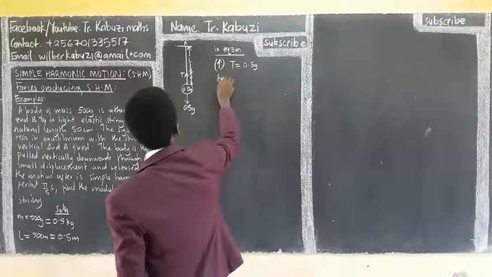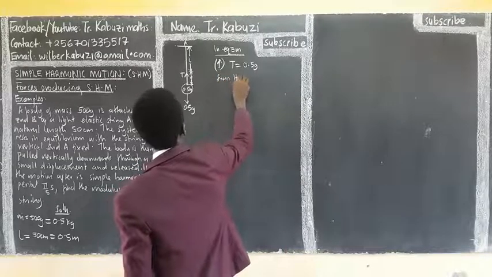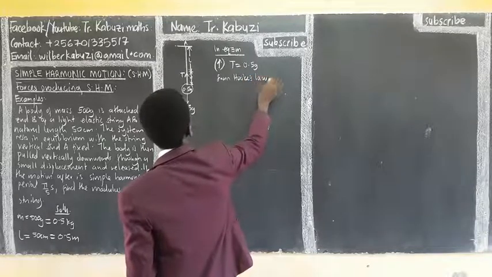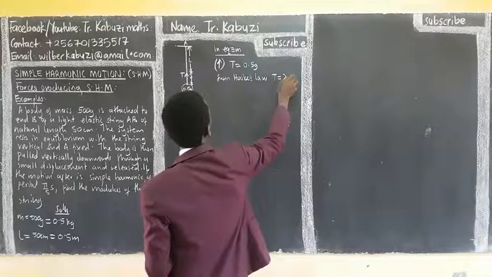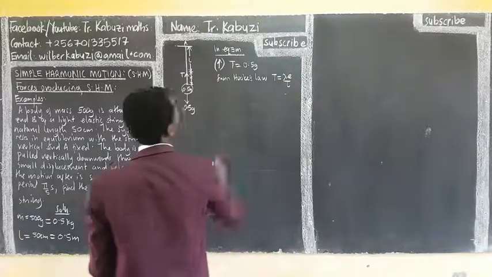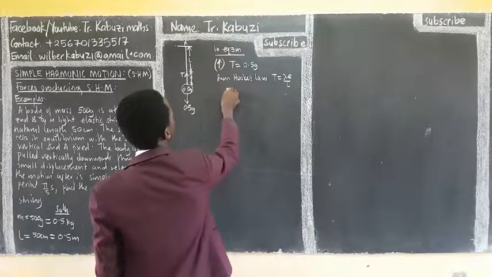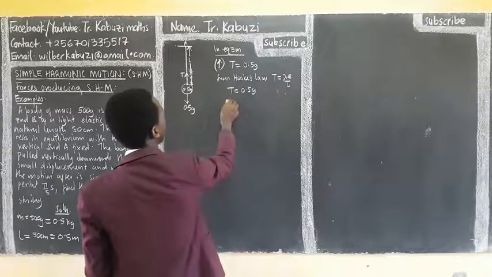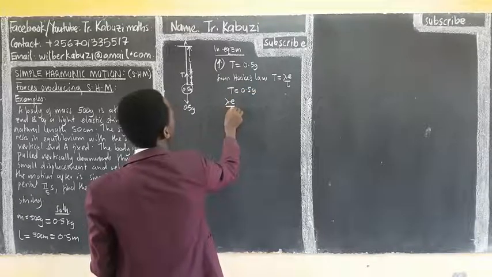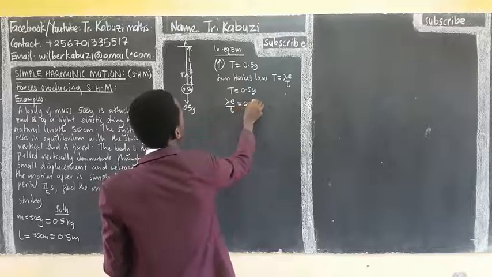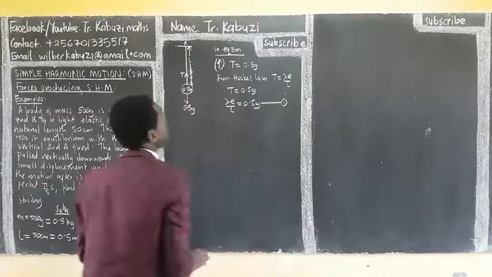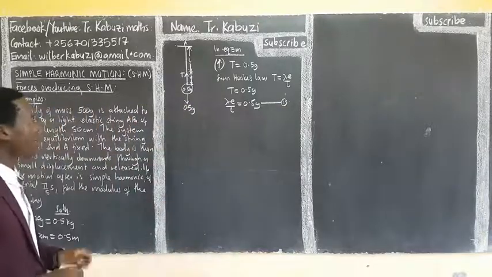I know from Hooke's law that T equals lambda e over l. So putting it there, I have lambda e over l equals 0.5 g. I call this equation 1.